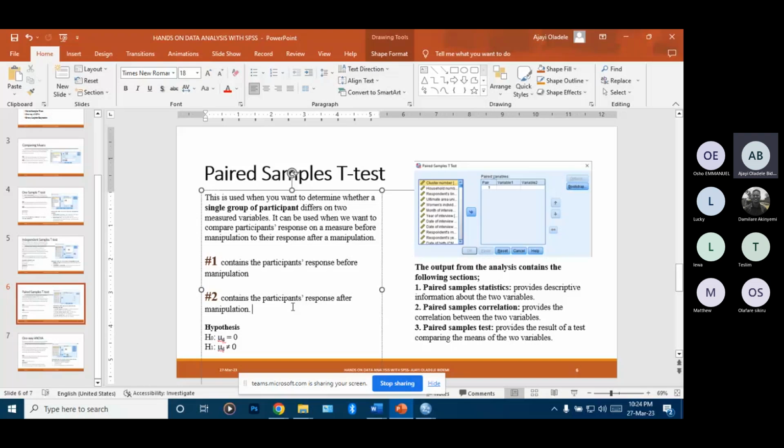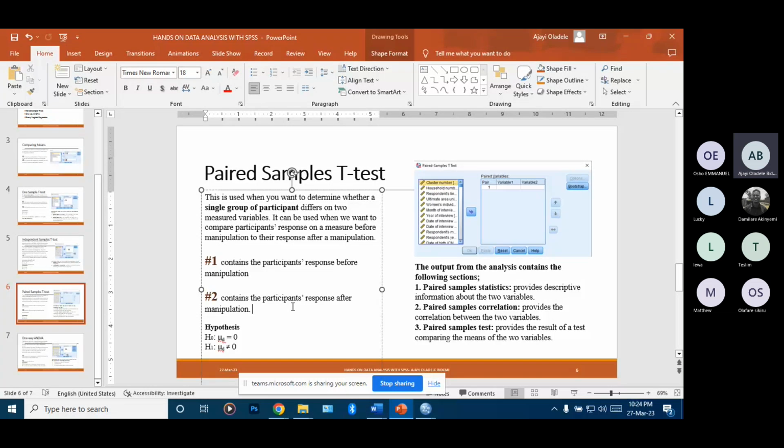Now, the same set of participants that took the first treatment, you give them another treatment. That is what paired sample studies allow us to do, to be able to measure the effect of whatever manipulation we have had on our variables.